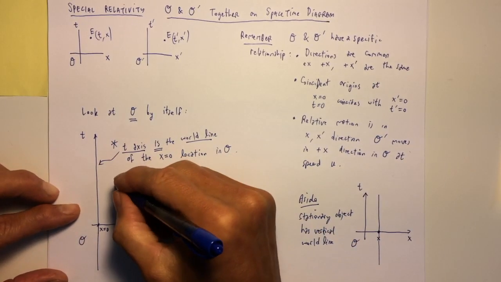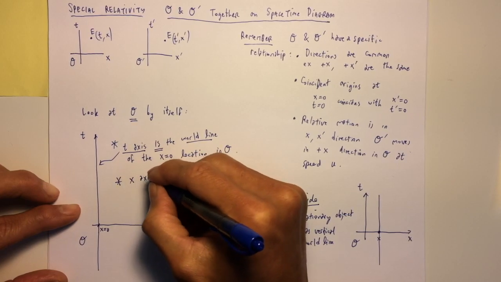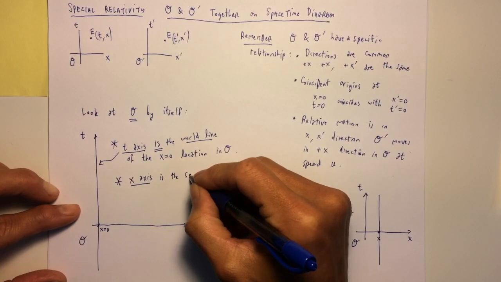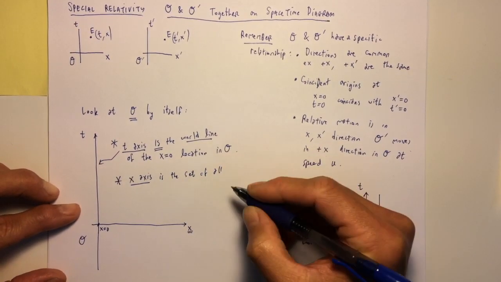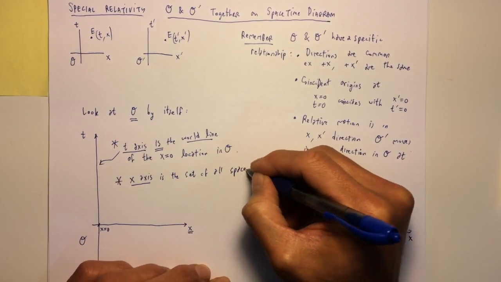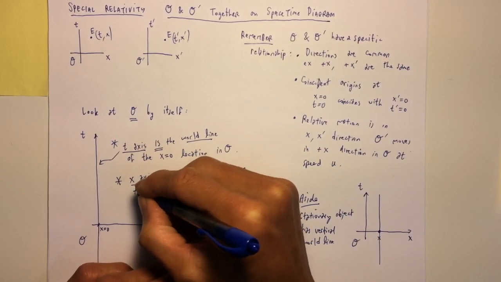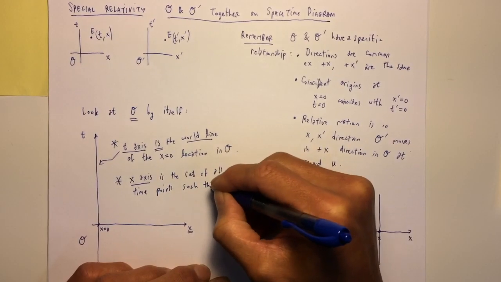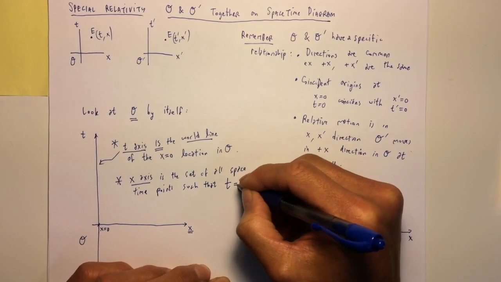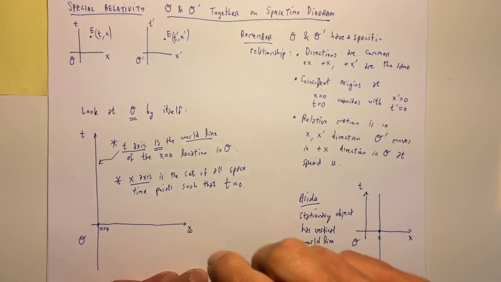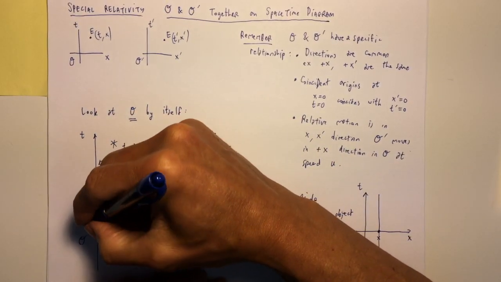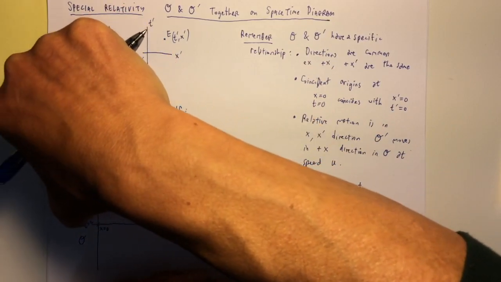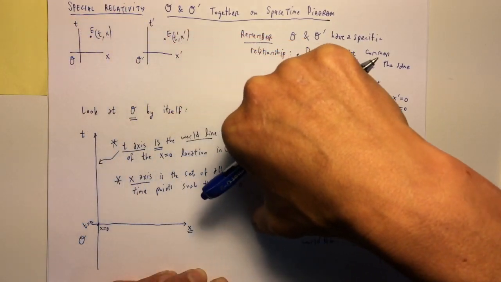So what is the x-axis? The x-axis is the set of all space-time points such that t equals 0, right? So here is t equals 0. It is all of the points that satisfy t equals 0.